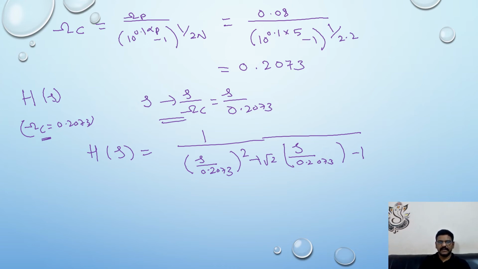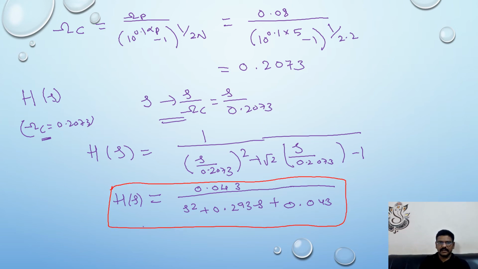And after simplifying this expression, you will get H(s) equal to 0.043 by s square plus 0.293s plus 0.043. This is the desired analog transfer function.